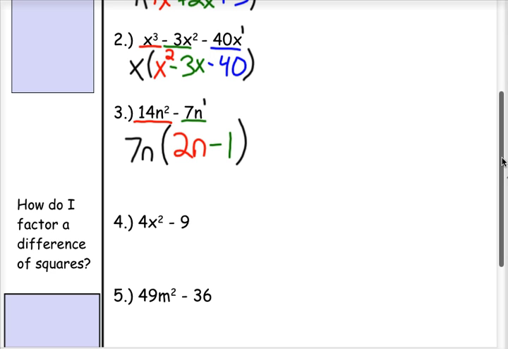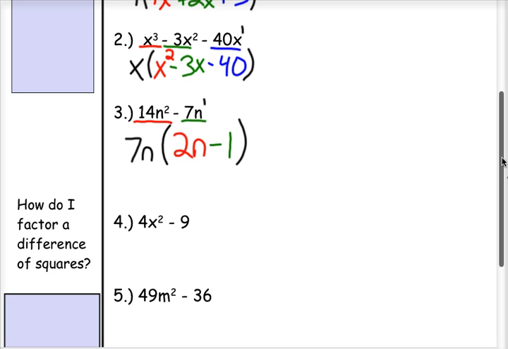All right, so those first 3 examples, again, that is reviewing the skill of simply pulling out a greatest common factor. Now, another skill of factoring is difference of squares. So remember, for difference of squares, we're looking for 2 perfect squares being subtracted.